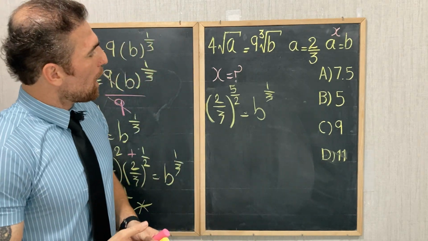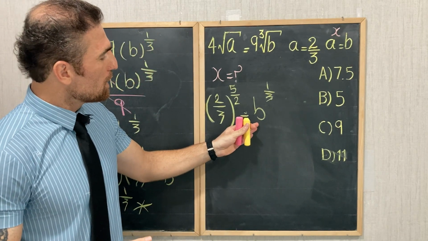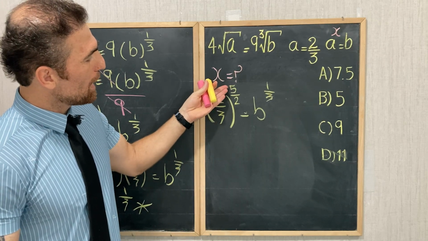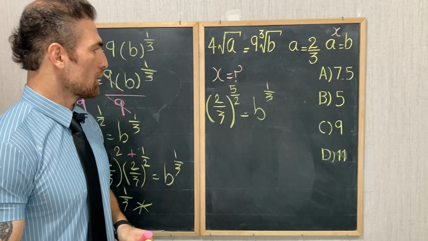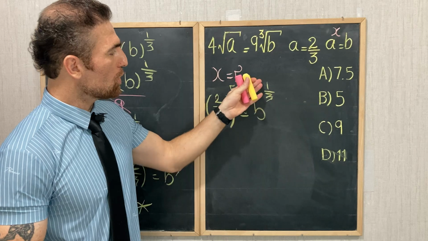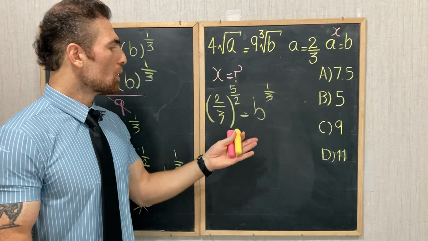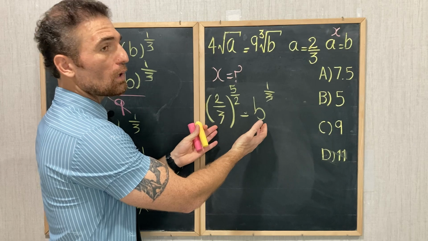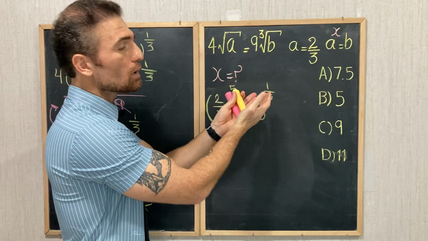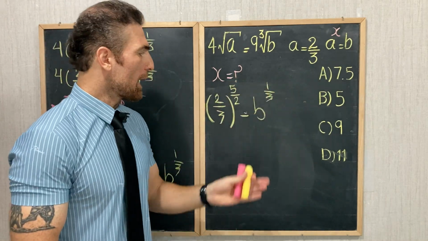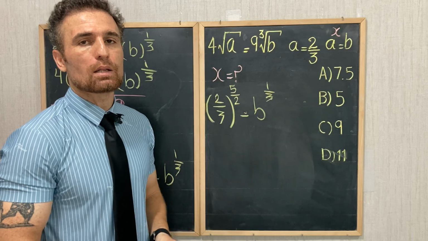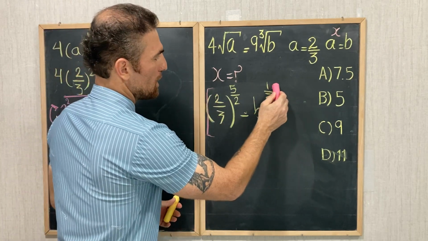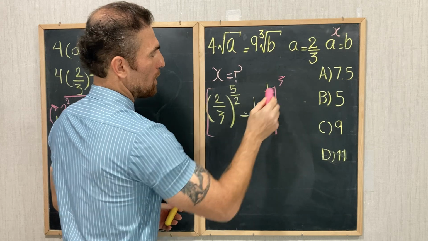Tell me, to find the value of b, what should we do? Left side, we have 5 over 2 as exponent. Right side, we have 1 over 3 as exponent. So to find the b, it is enough we raise both sides to the power of 3, because 1 over 3 times 3 equals 1, and b to the power of 1 equals b, right? So let me raise both sides to the power of 3.